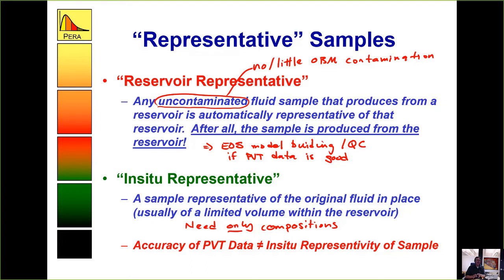The equation of state should be able to accurately predict PVT properties for any of those compositions found in the model. Now, if you have samples that are in situ representative with good PVT data, you can obviously include those in tuning the equation of state. But for the mapping part, we only need real compositions.